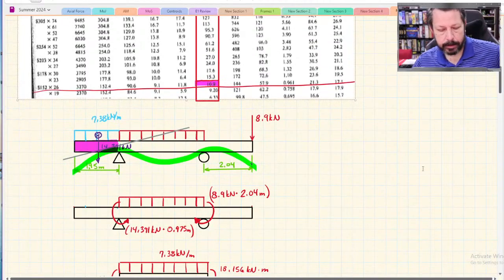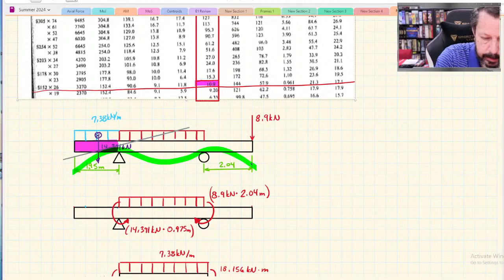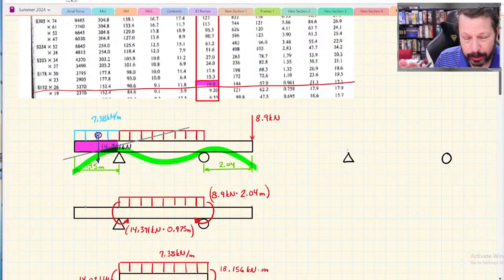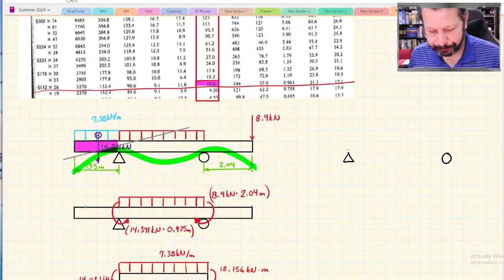So, let's see, I don't know how to draw this. Here's our pin and our roller, and I don't remember which way it's sloping. I've got a gray line drawn here that gives it a positive slope. I don't know if that's true or not.